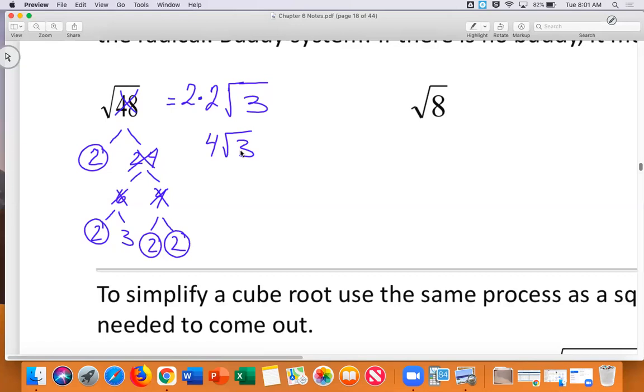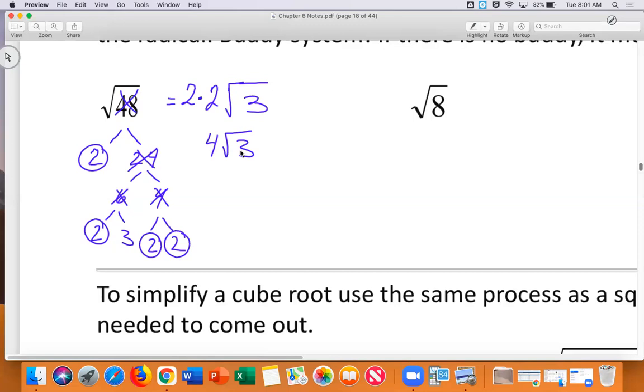Type in 48. Hit enter. You see how you have 6.9? Okay, now type in 4 root 3. Yeah, that square root button. 3. You see how you got the same number? Yeah. Okay. Did everybody see that? Was everybody able to get the same number?